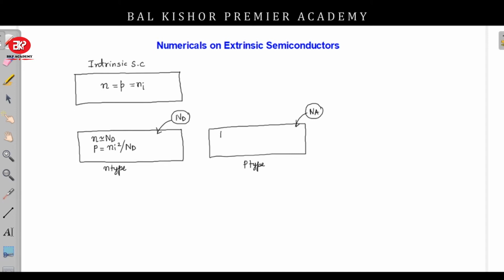In this case the majority carriers will be holes, and their concentration p will be nearly equal to the acceptor doping concentration, and the electron concentration, the minority carrier concentration, can be found from the mass action law by this rule. So this was the simple scenario of the extrinsic semiconductor.